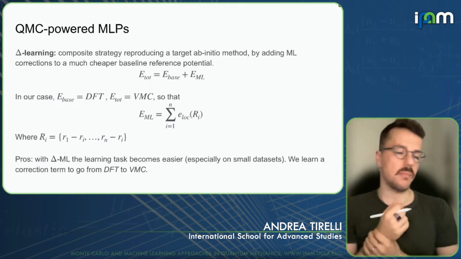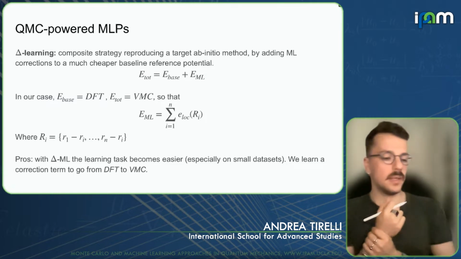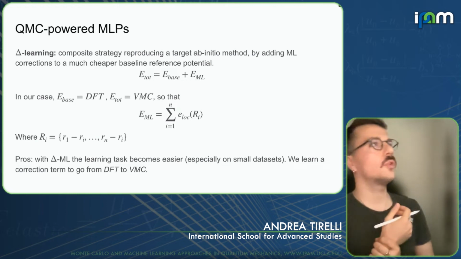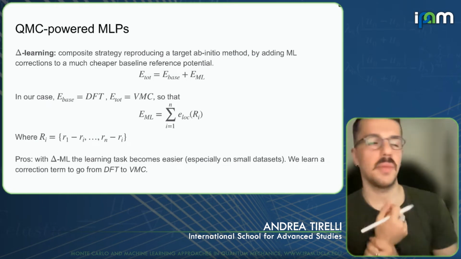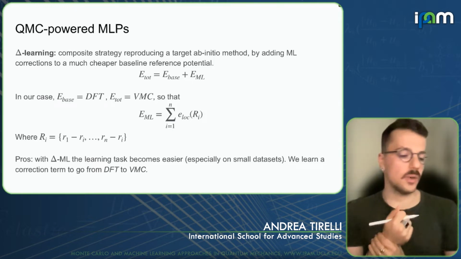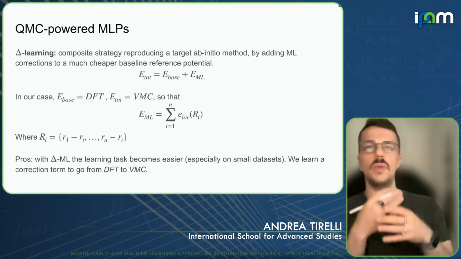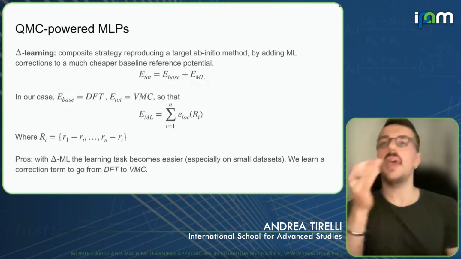The second approach, as I mentioned, is the so-called delta learning approach. And again, the idea is to write the total energy of the system as a sum. E_tot is the total energy of the system, and we decompose it as a baseline term plus some E_ML.